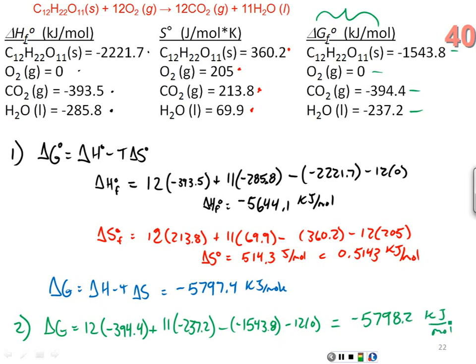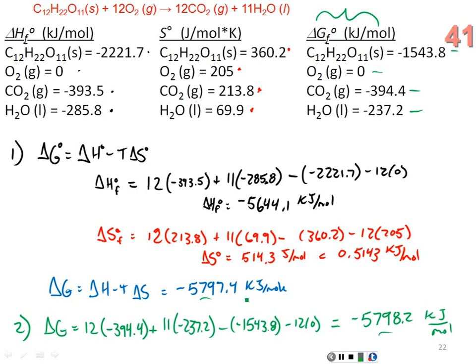So you see that with both these methods, we have approximately the same number. There's slight differences, but nothing really significant. If we use the correct number of significant figures, these two values would be equal to one another.